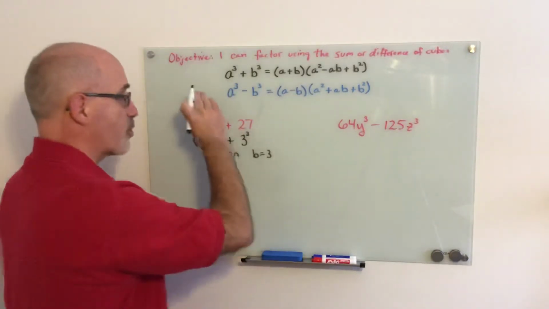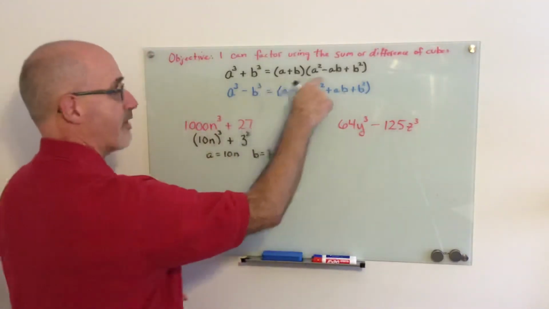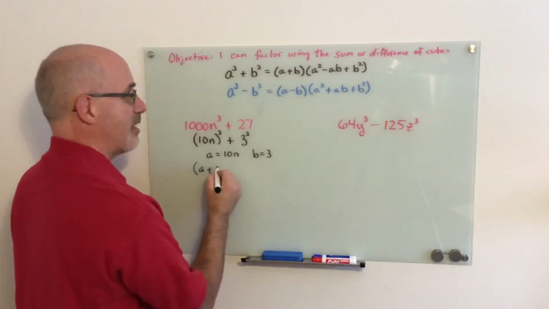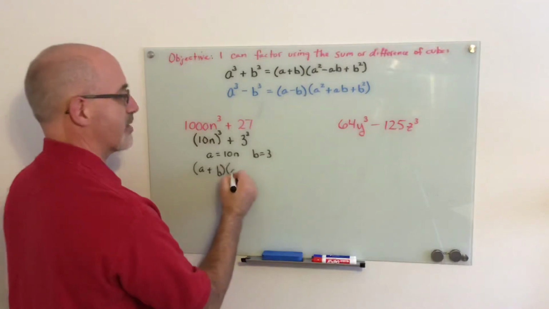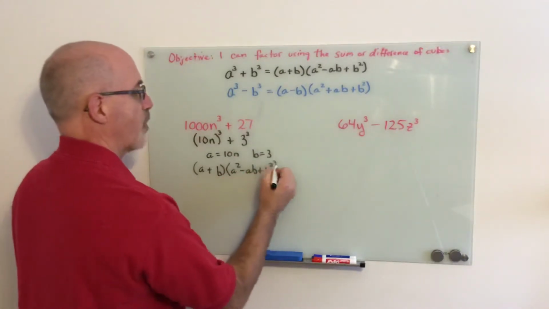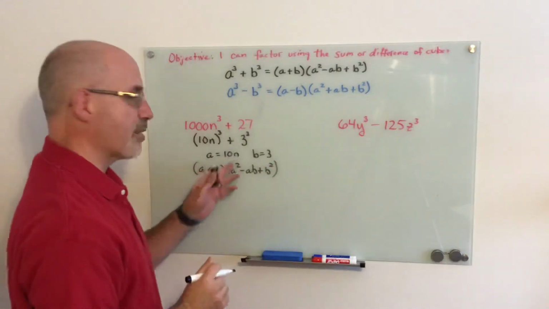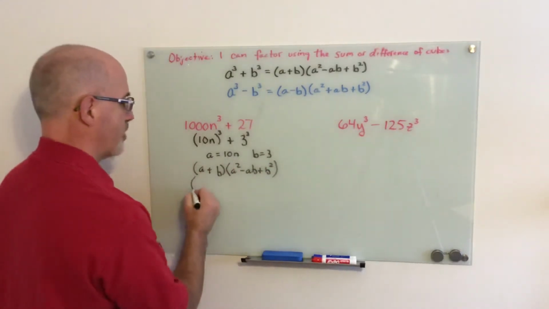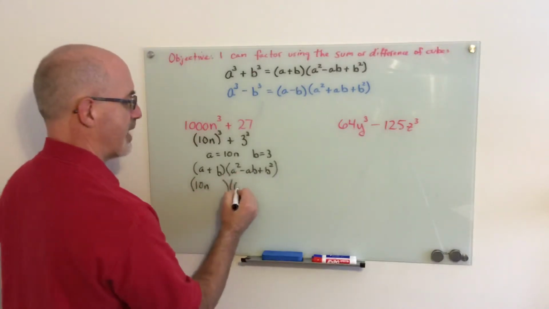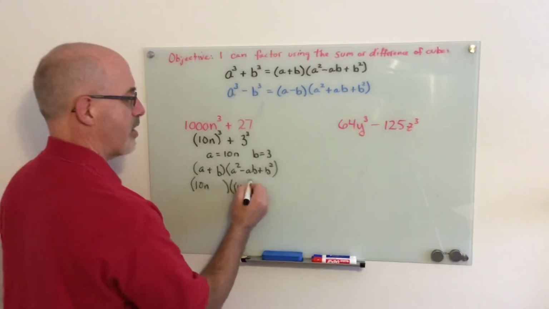So I'm going to rewrite the factored pattern, substituting in my a and b. Wherever I see an a, I'm going to put a 10n. So this is going to be a 10n here. This is going to be a 10n squared.